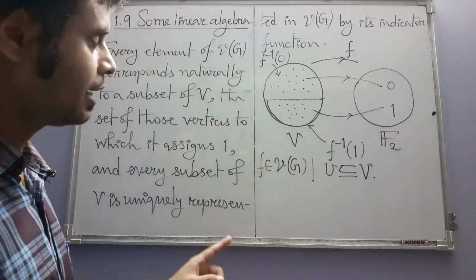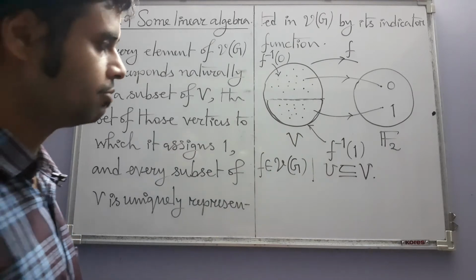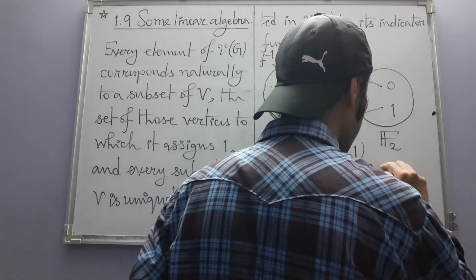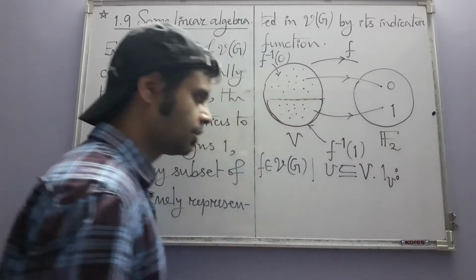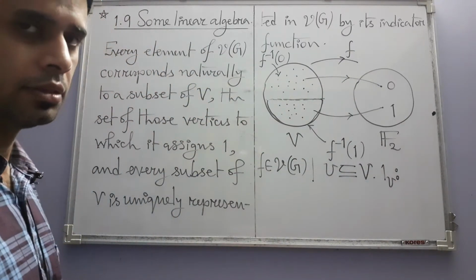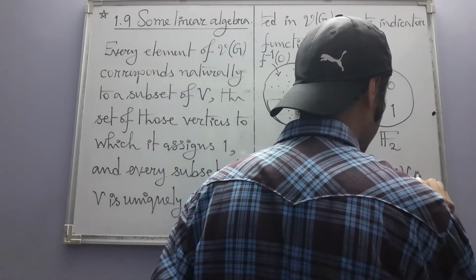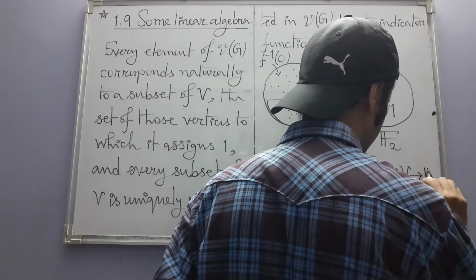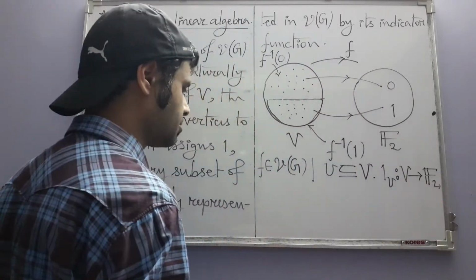Yes, and that function is the indicator function of U, which is defined like this. The indicator function, usually there is a notation for this, it's written as 1U, like a 1 suffix U, is a function from V into F2, and its definition is this.